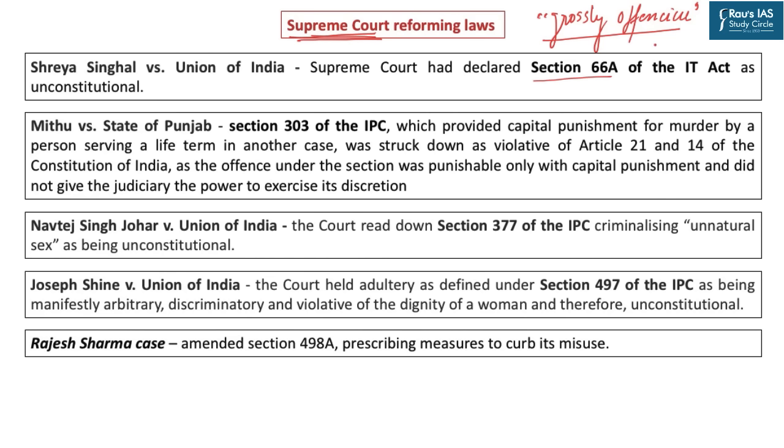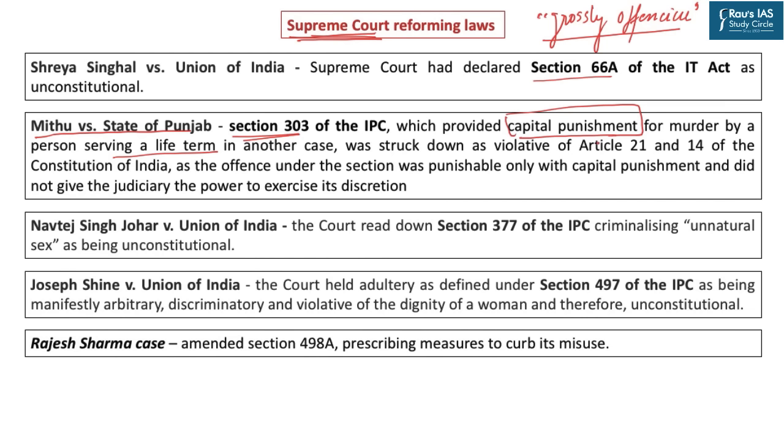Way back in 1983, in Mithu versus State of Punjab, the Supreme Court struck down Section 303. Section 303 provided for capital punishment for a murder by a person serving a life term in another case. Meaning, if a person serving a life term in another case somehow murders another person, he would automatically be given capital punishment.